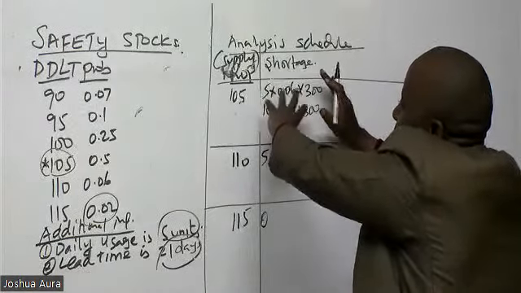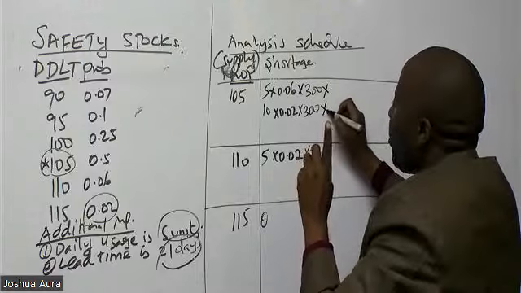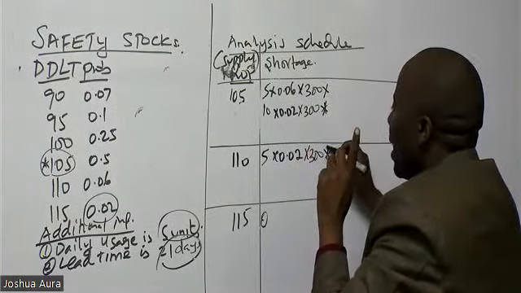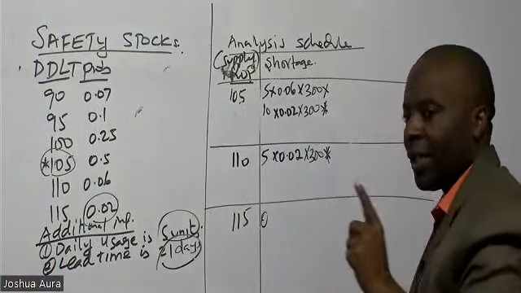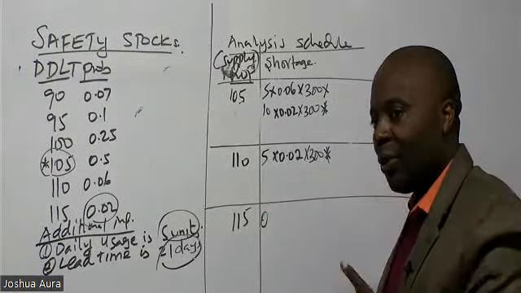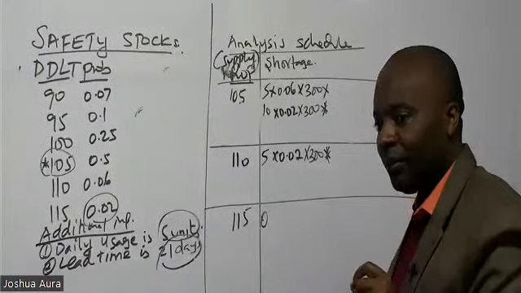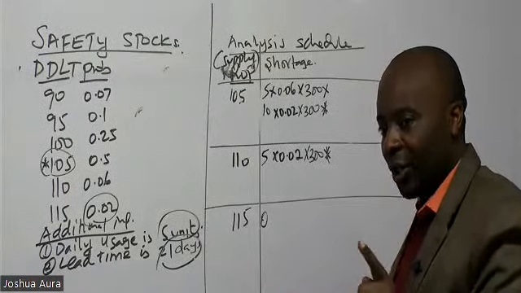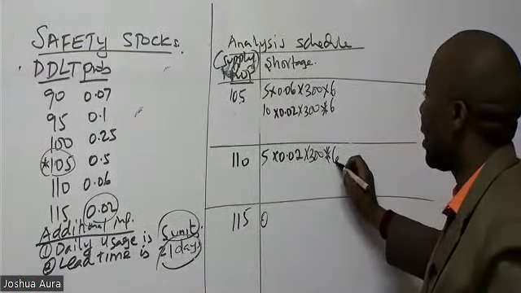When you get shortage per cycle, to annualize, you multiply this by the number of orders in a year. In this question, they gave us the number of orders in a year. Is there somebody who is able to remember what it is? Yeah, 6 throughout, isn't it? So times 6, times 6, times 6 like that.